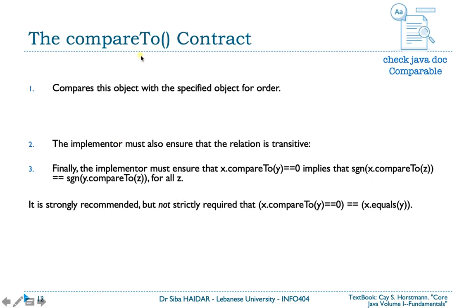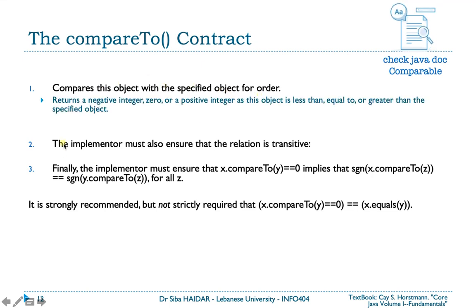First, this compares this object with the specified object for order. It returns a negative integer, 0, or a positive integer as this object is less than, equal to, or greater than the specified object.